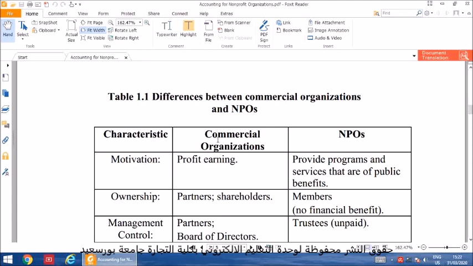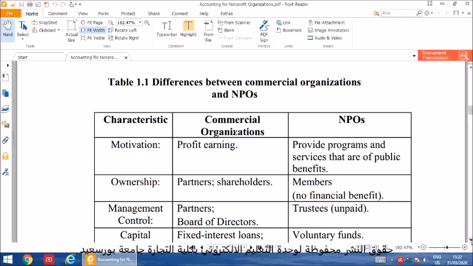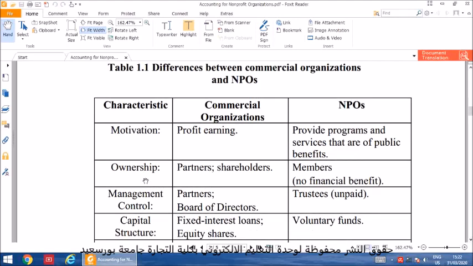Commercial organizations, the motivation is profit earning. Non-profit organizations provide programs and services that are of public benefit. The second feature, ownership.